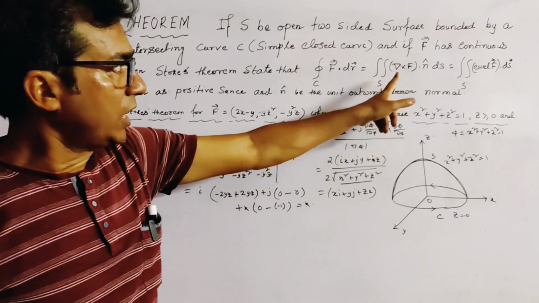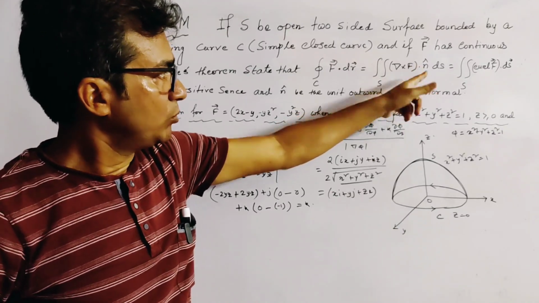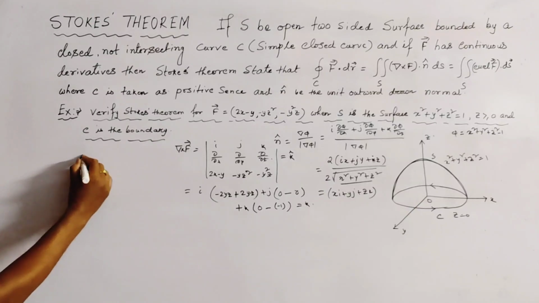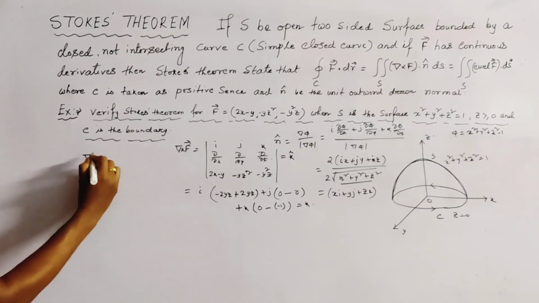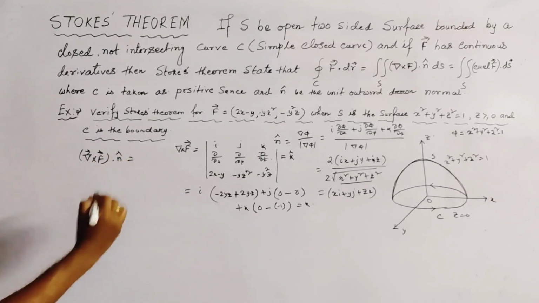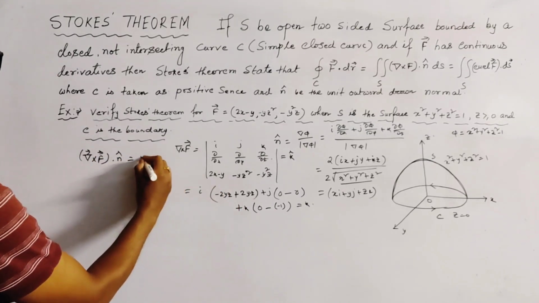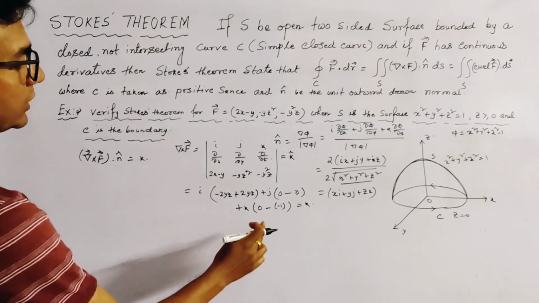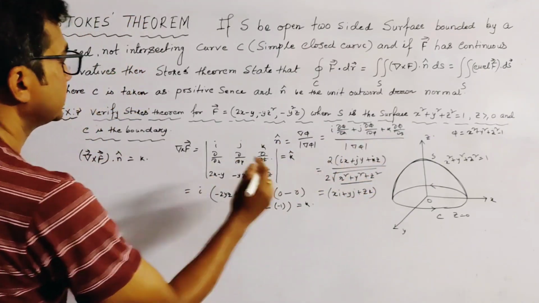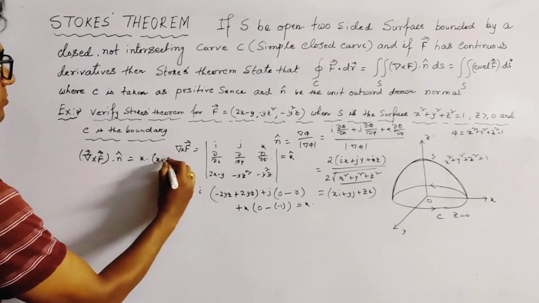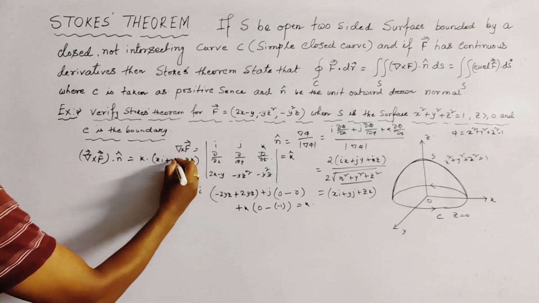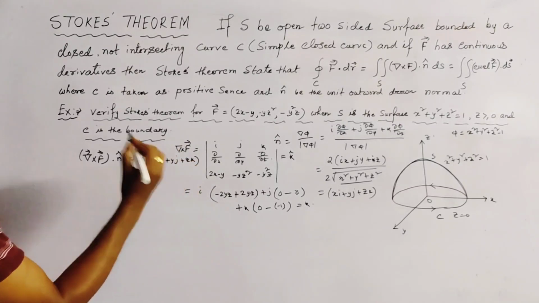We find curl F dot n for the surface integration. Curl F dot n cap is equal to k dot (xi plus yj plus zk), and this is z only.